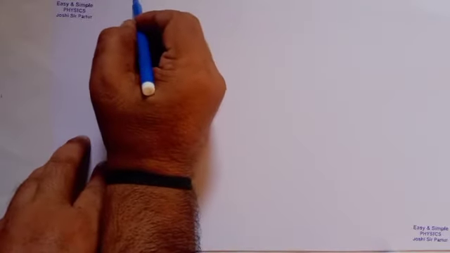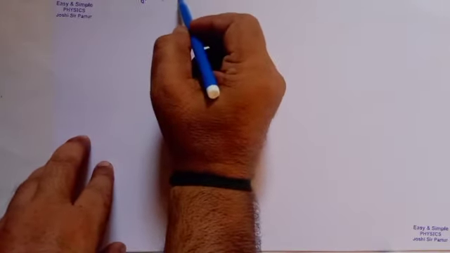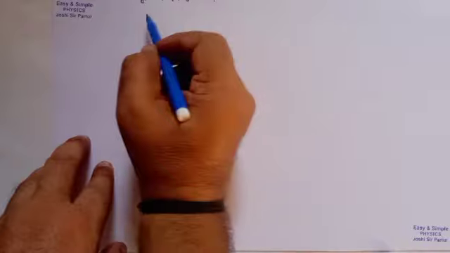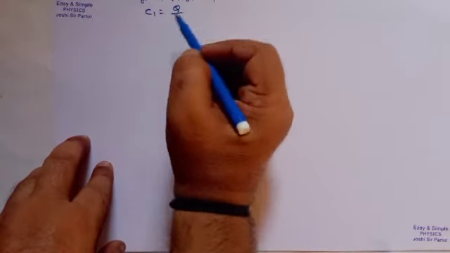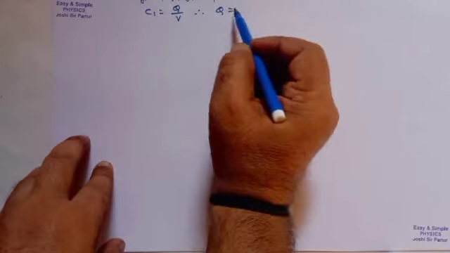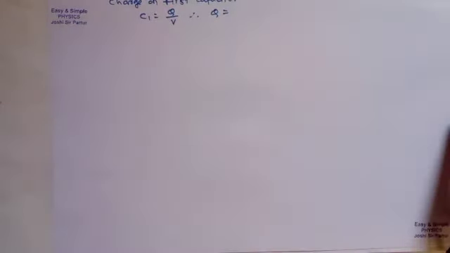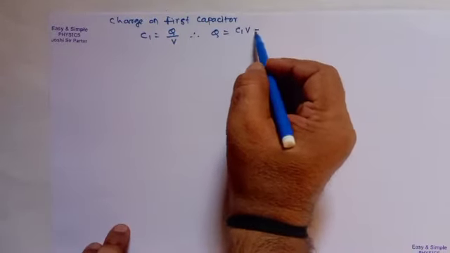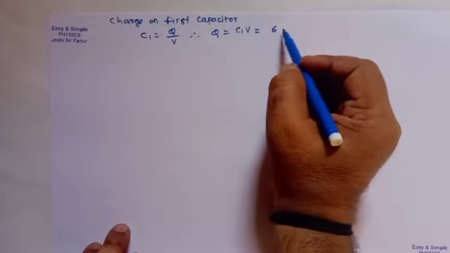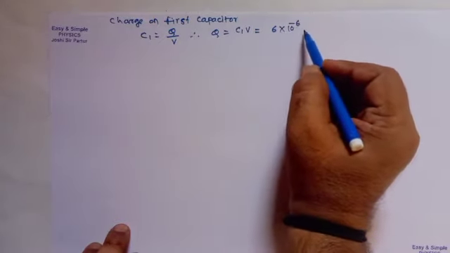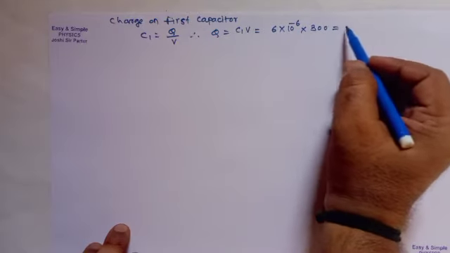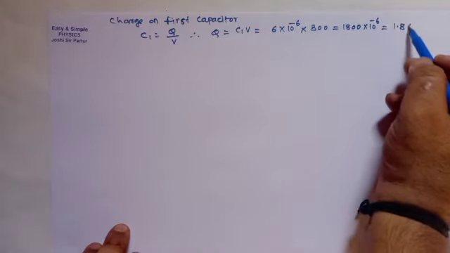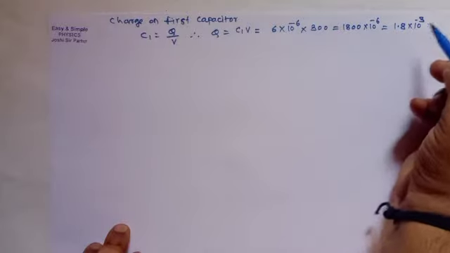So the charge on the first capacitor: C1 equal to Q upon V. Therefore Q is equal to C1 V, which is 6 into 10 to the power minus 6 multiplied by 300, that is 1800 into 10 raised to minus 6, which is 1.8 into 10 raised to minus 3 coulomb.